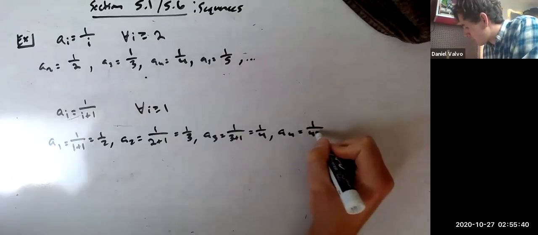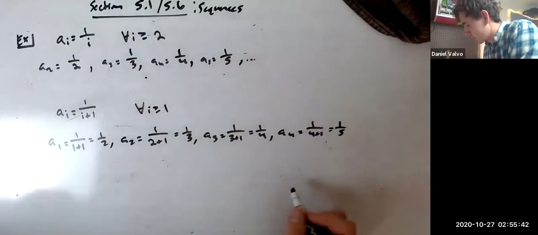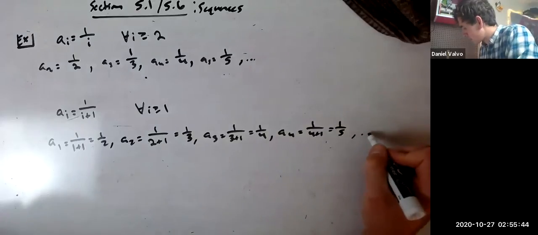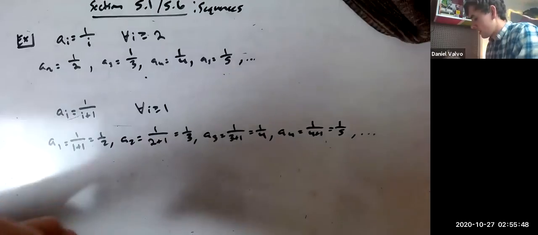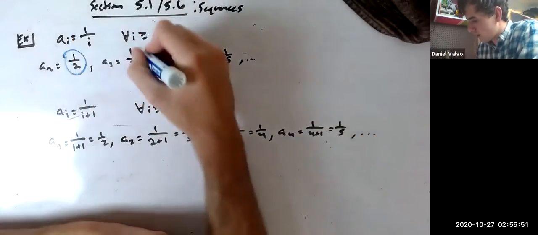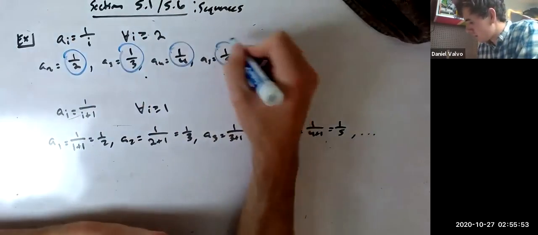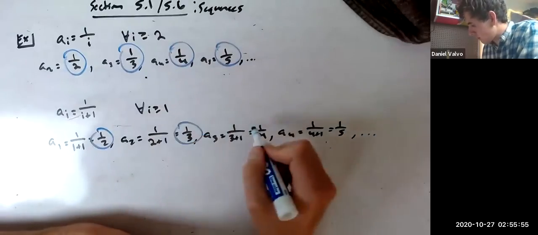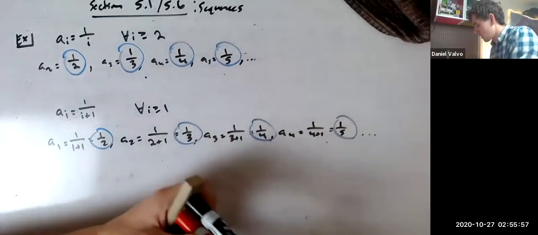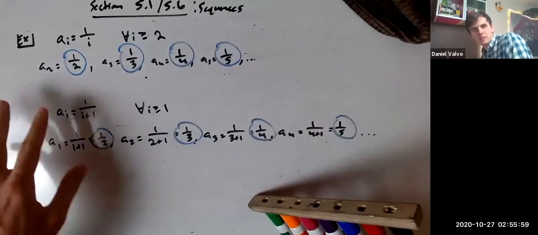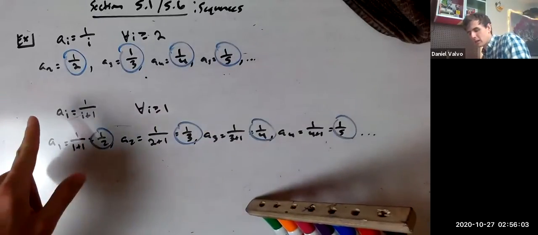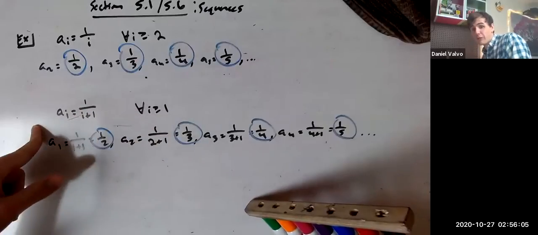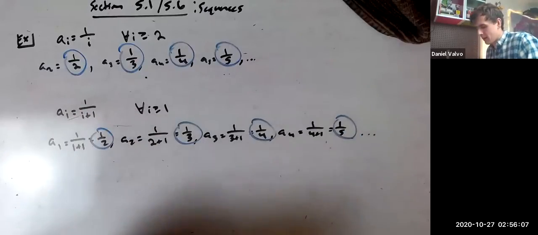A4 is going to be 1 over 4 plus 1, which is 1/5. And it goes on like that. So notice that we get the same sequence, 1/2, 1/3, 1/4, 1/5, and on like that, using a different formula. It's a very similar formula, but it's a different formula.